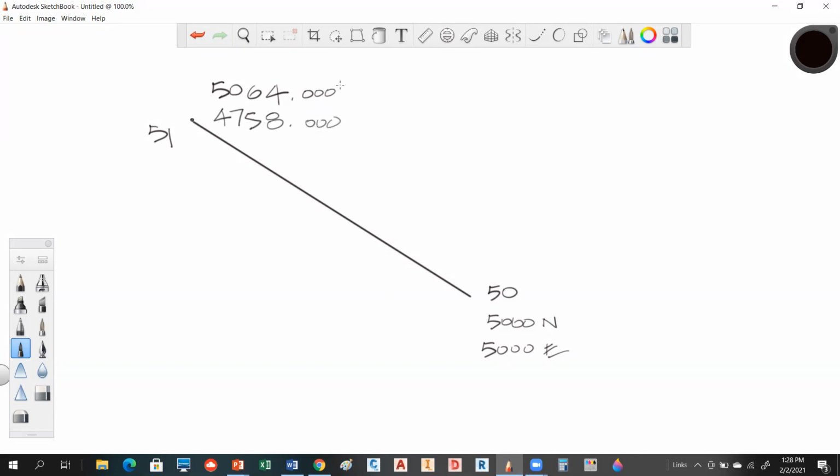So what we want to determine, again, let's assume in this diagram that north is up. That's north.